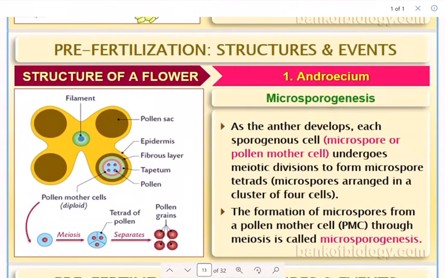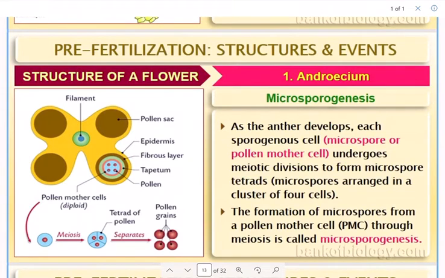The formation of microspores from a pollen mother cell, PMC, through meiosis is called microsporogenesis. You can see the same thing. The PMC, pollen mother cell, is undergoing meiosis and forming tetrads, and these tetrads become pollen grains or microspores.